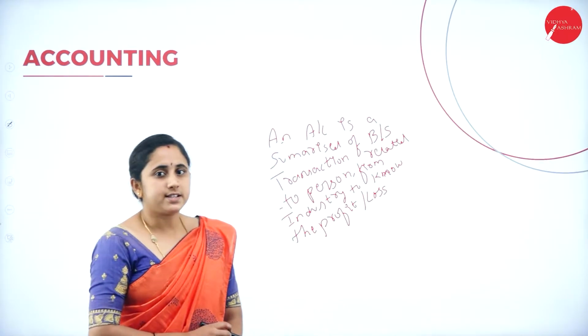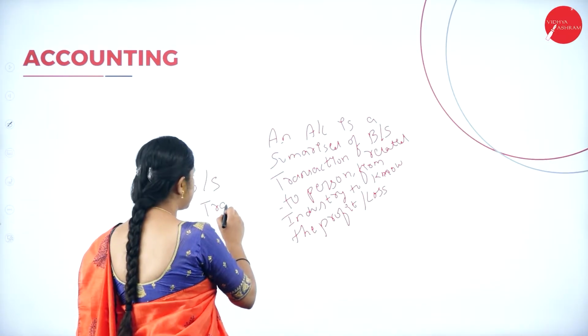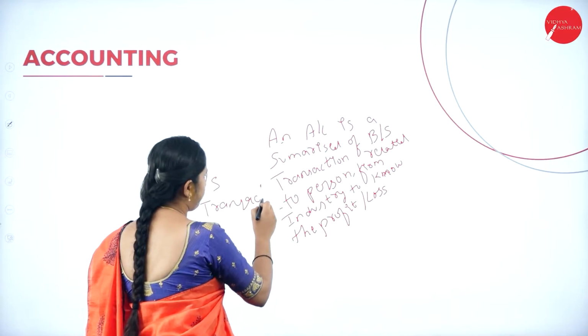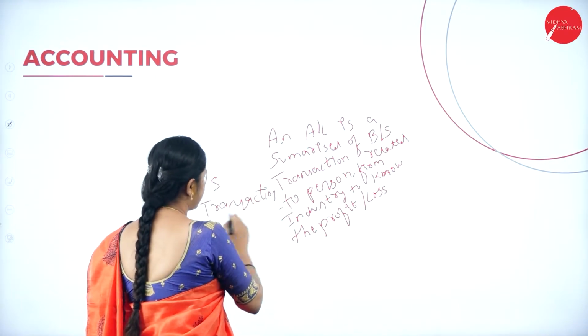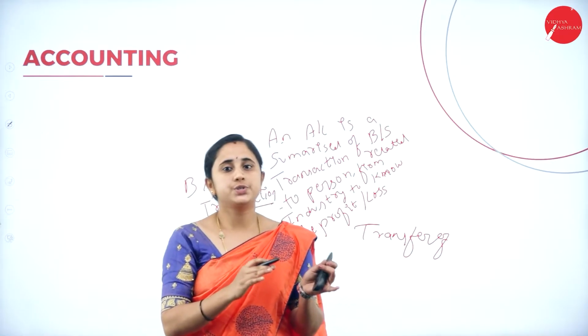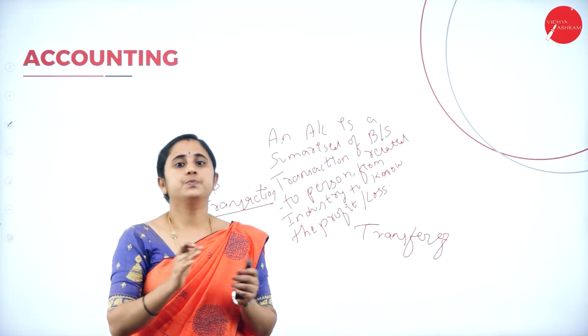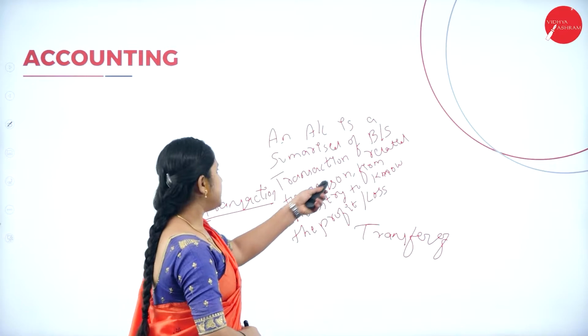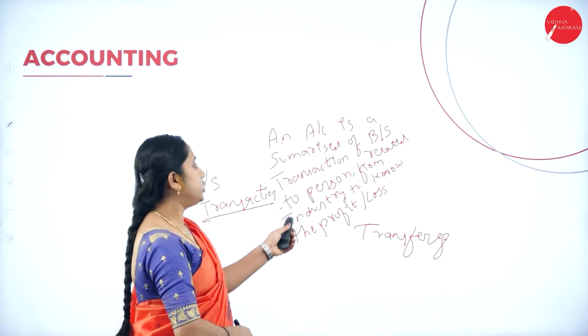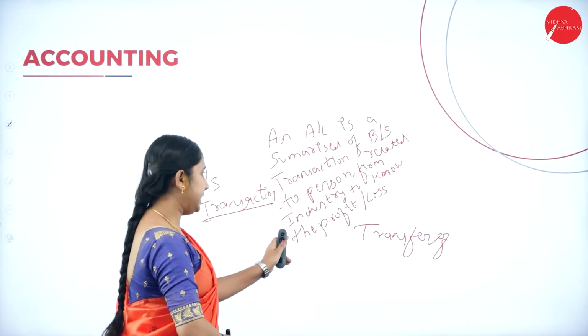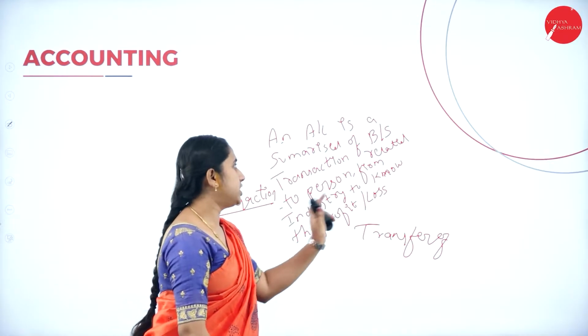What is a business transaction? A business transaction is transfer of ownership from one person to another person. It is related to person, firm, industry to know the profit or loss.